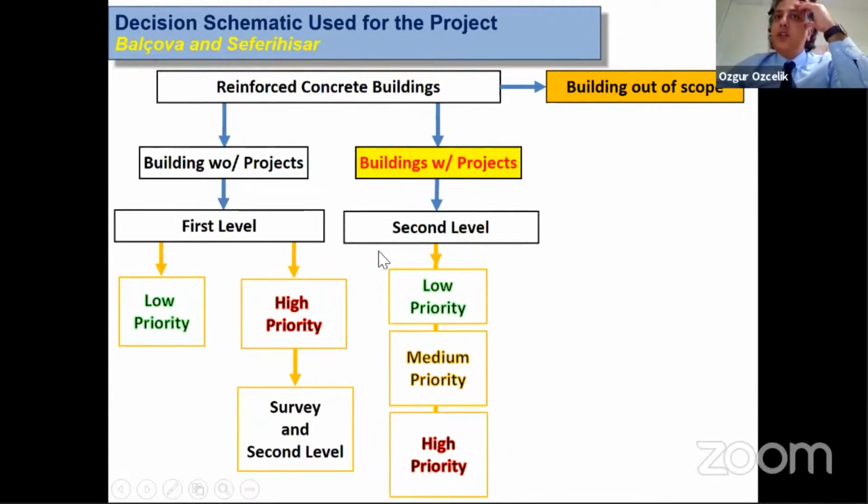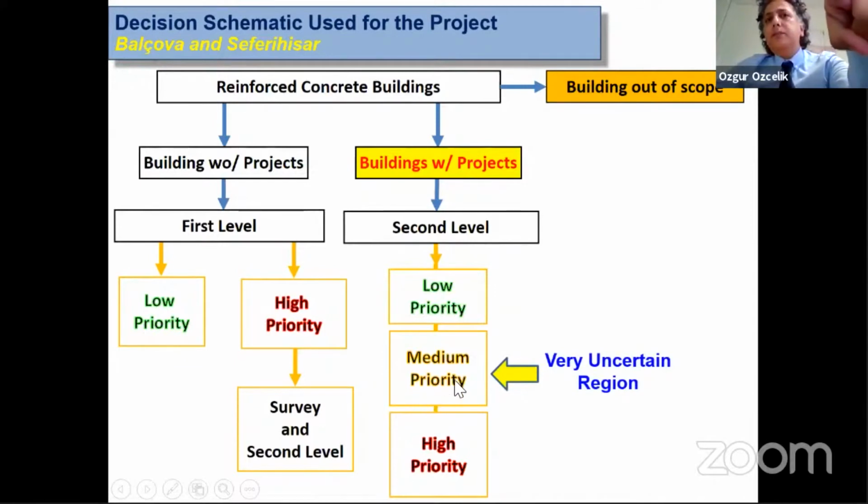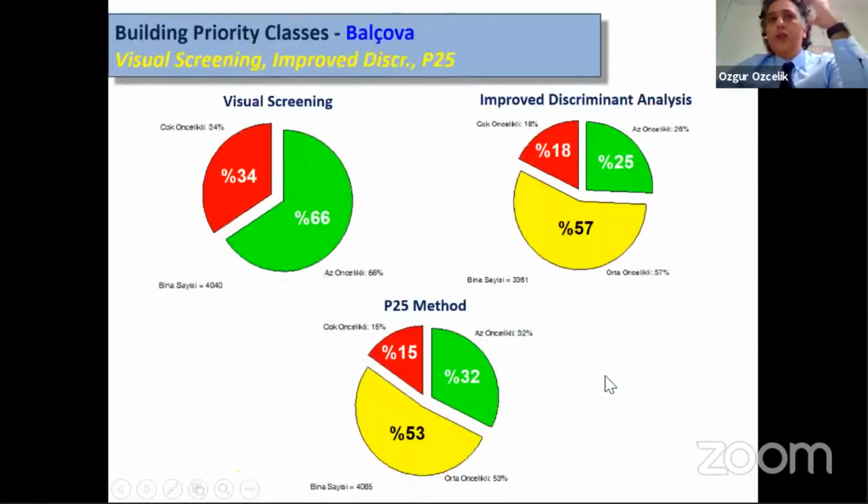For buildings with projects, you can directly apply a second level method, which classifies the buildings into low, medium, and high priority. So the difference was that without applying first level methods to the buildings with projects, we directly applied the second level methods because they are more reliable. Here, the medium priority group is very uncertain.